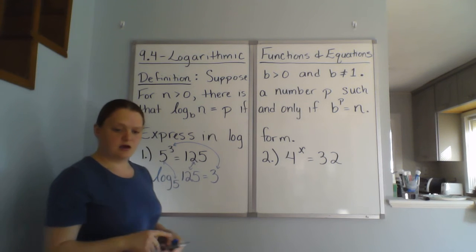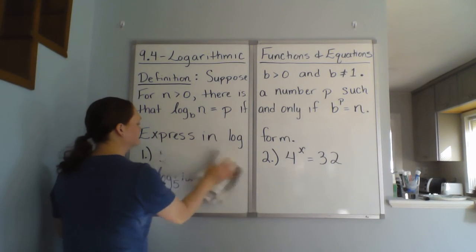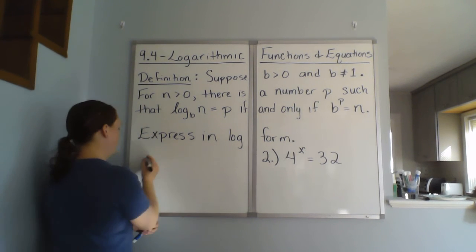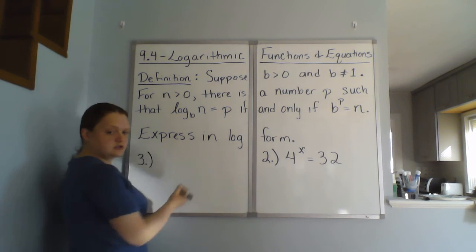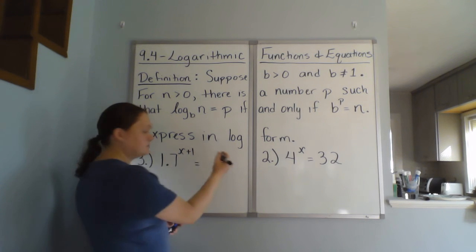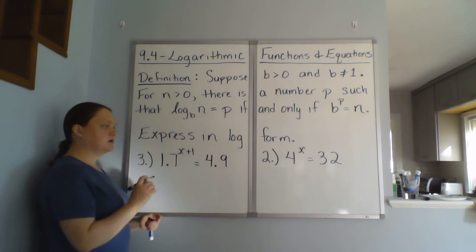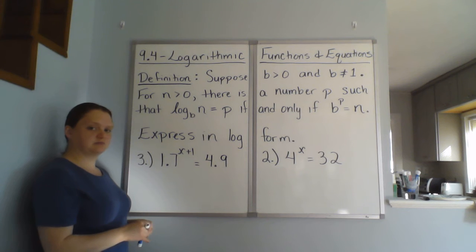And for problem number 3, I want you to do 1.7 to the x plus 1 power is equal to 4.9. Pause the video, take a minute, copy those down, and try to write them in log form.